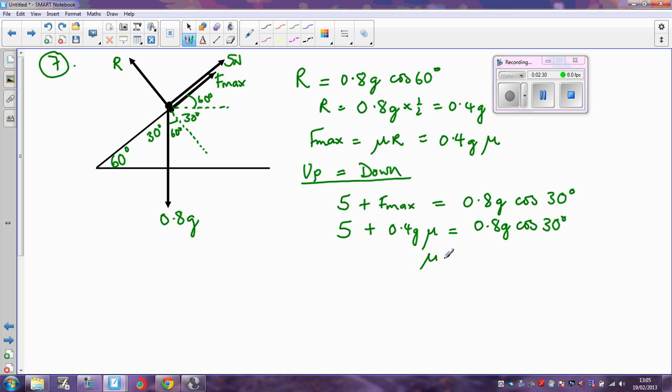So if I want to find mu, I'm going to subtract 5 from both sides, so that's 0.8g cos 30 degrees take away 5, and if I then divide that by 0.4g, obviously g is 9.8, I end up with mu is equal to the answer in the back of the book, which I've forgotten, comes out as 0.457. Mu comes out as 0.457 to 3 significant figures.